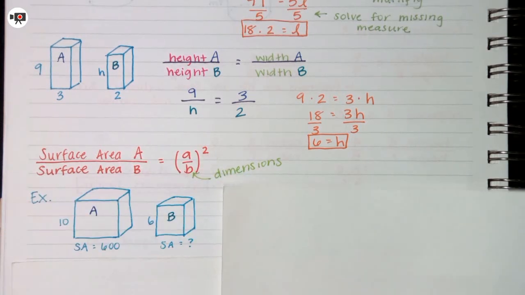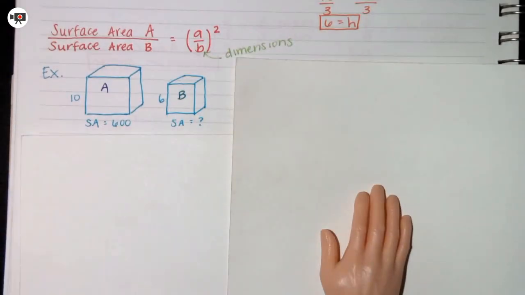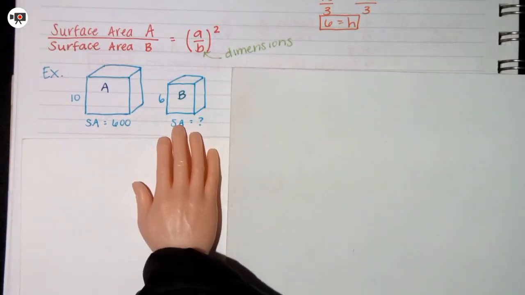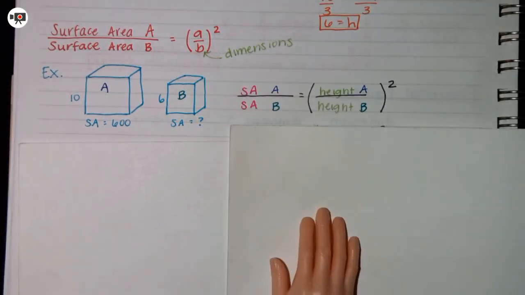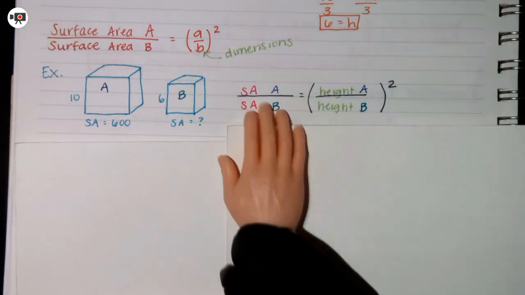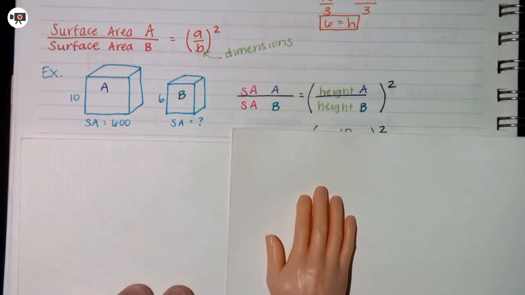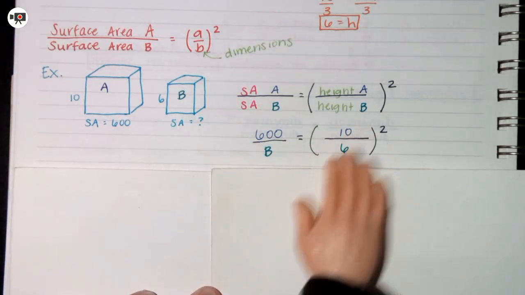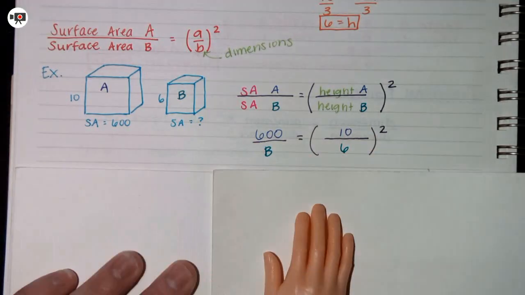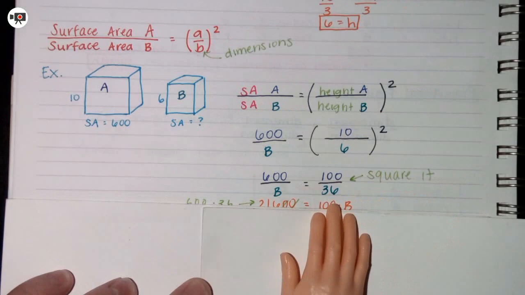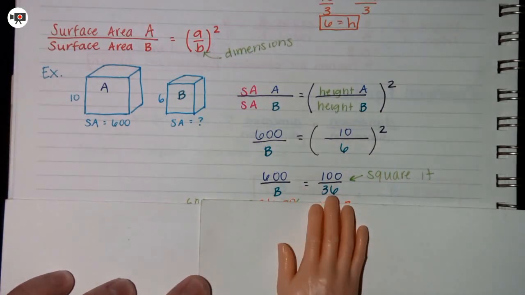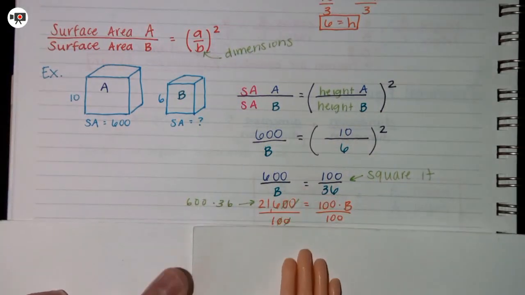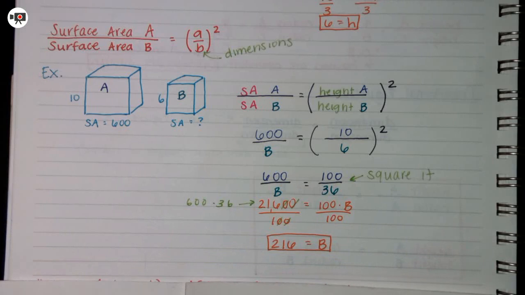Here, I'm going to find the missing surface area of figure B. Setting it up with surface area and height as my given dimension, I'd have 600 over B equals 10 over 6 squared. 10 over 6 squared is 100 over 36, cross multiply, and solve for B to get B is 216.